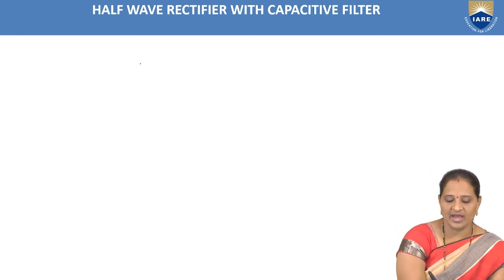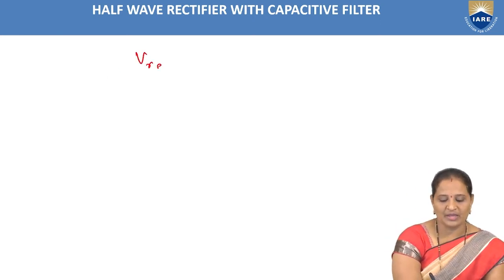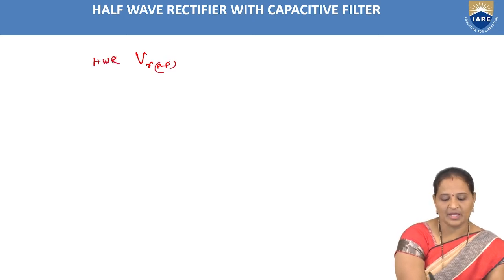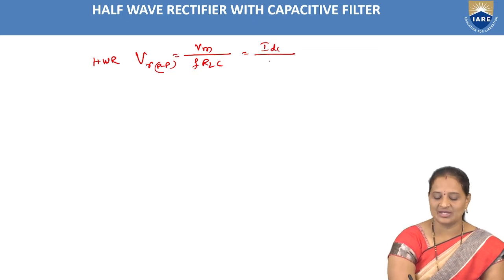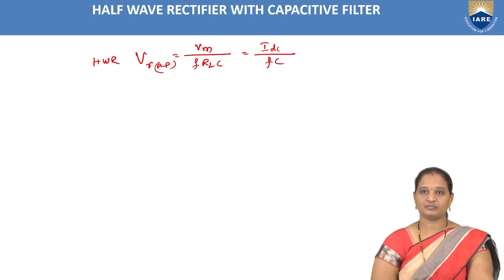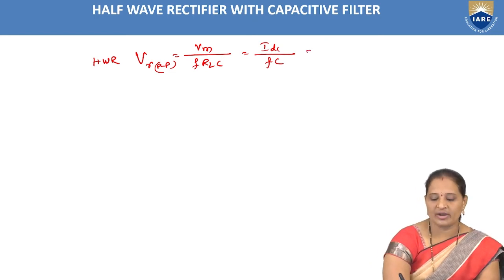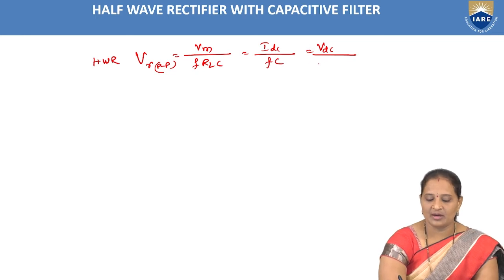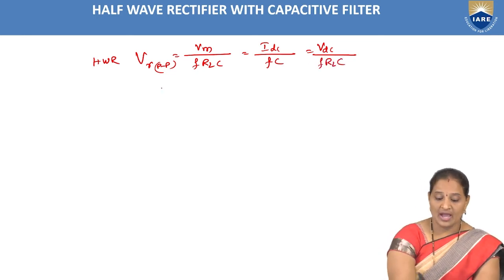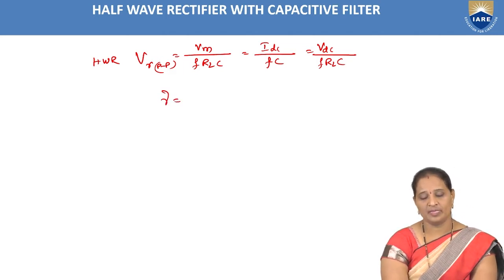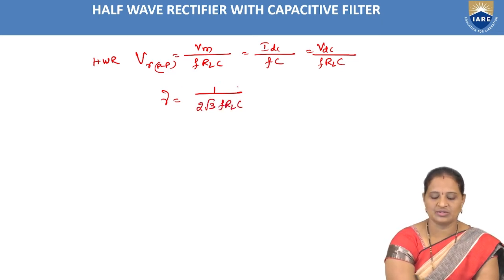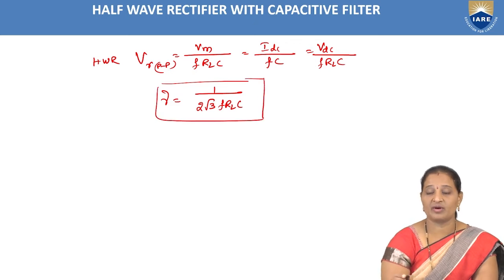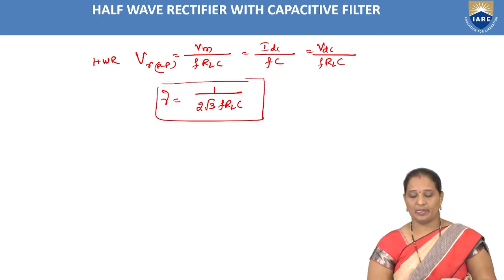We have seen that VR peak to peak of the half-wave rectifier is given by Vm divided by F into RL into C, or else we can also write this as IDC divided by F into C, or VDC by F into RL into C. And we have also derived the ripple factor as 1 by 2 root 3 F into RL into C. So these are the formulas that we have to remember for the half-wave rectifier with capacitive filter.